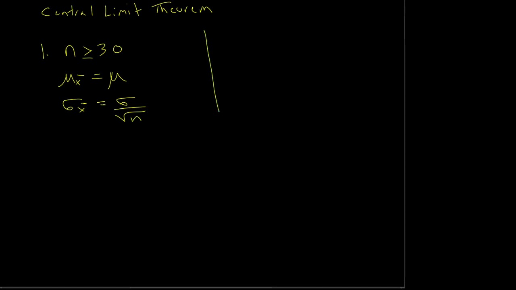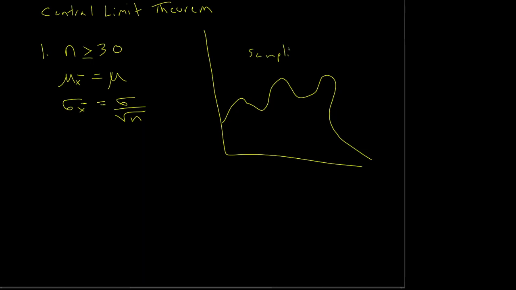So what it says is no matter what the shape of our population distribution is, whatever the real value is of the population distribution, it's going to have some mean value, and it's going to have some standard deviation.